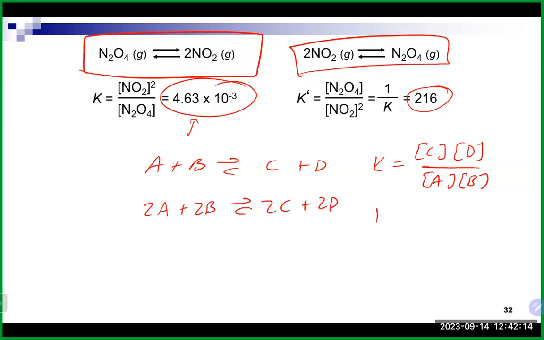The K expression, if I write it for this equation, is now C squared, D squared divided by A squared and B squared.